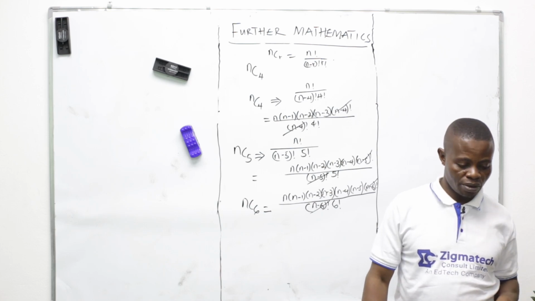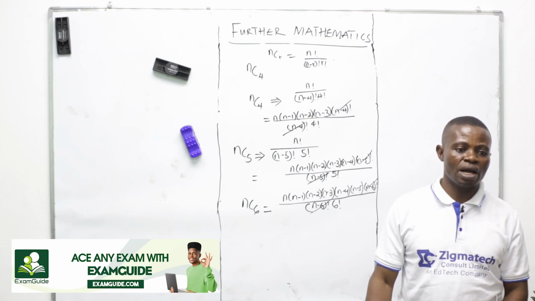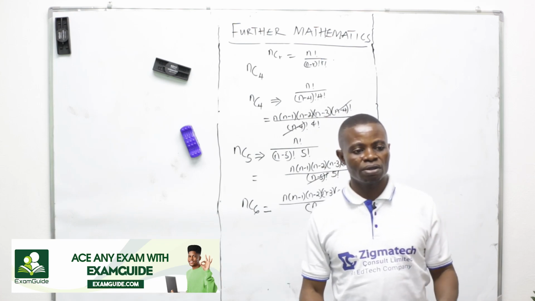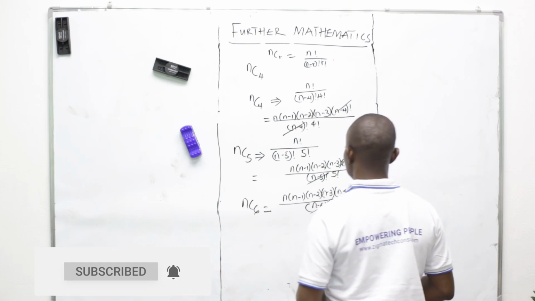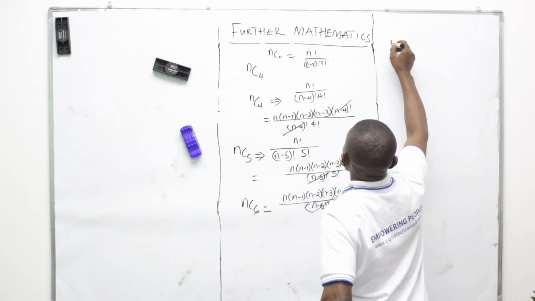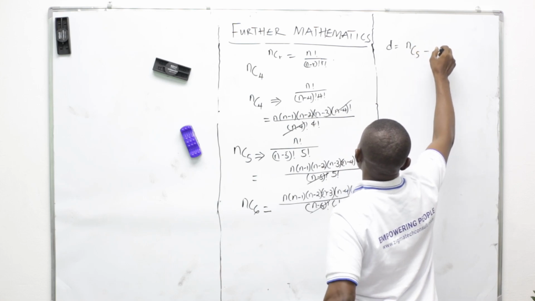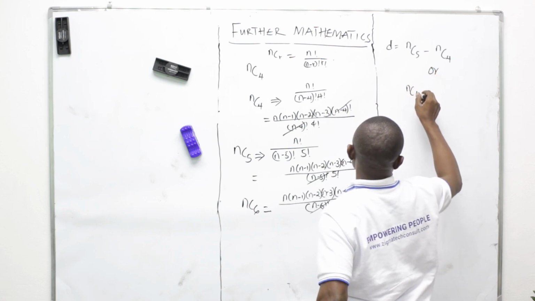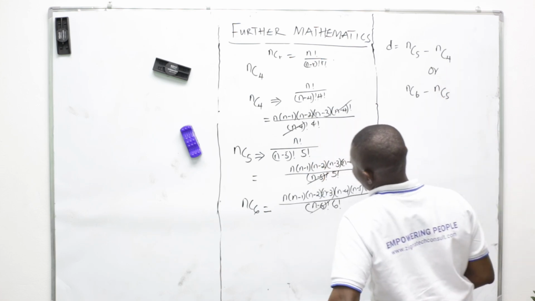In AP, the common difference is the second term minus the first term, or third term minus the second term. If we have this, it is either D equals n combination 5 minus n combination 4, or n combination 6 minus n combination 5. This is what is obtainable.